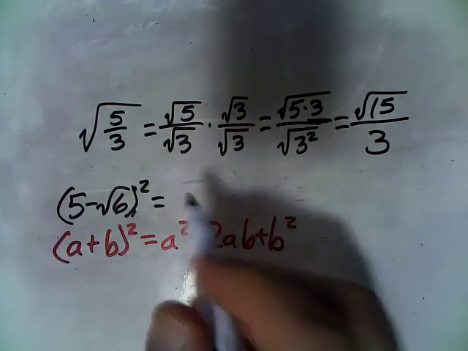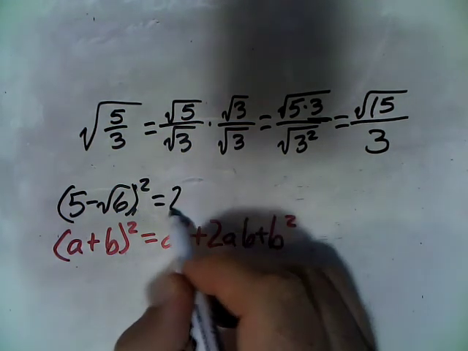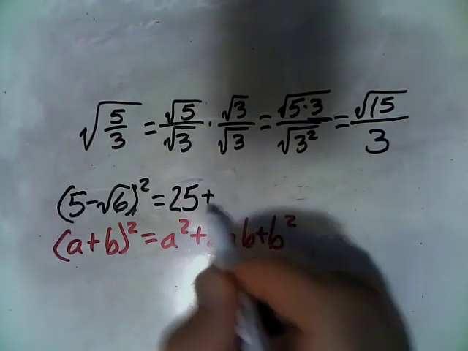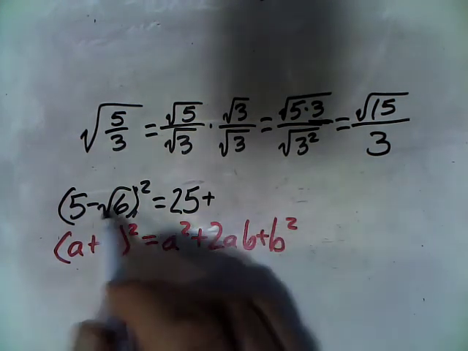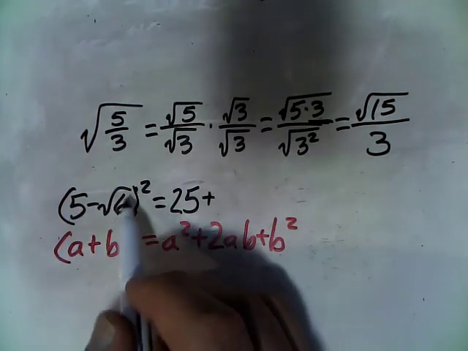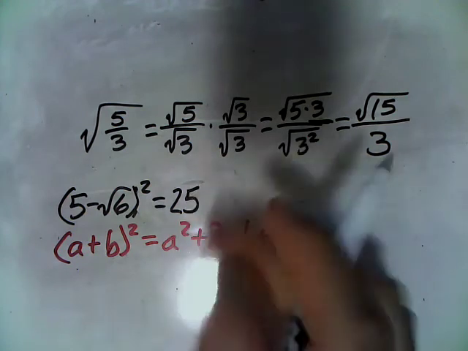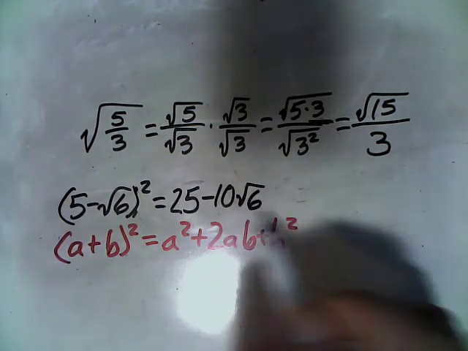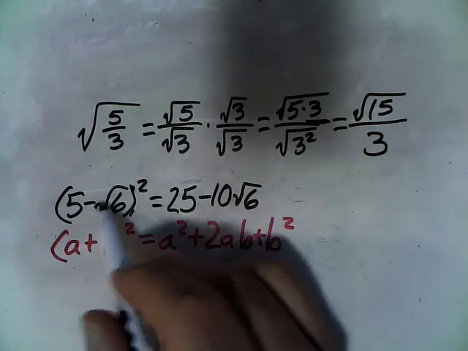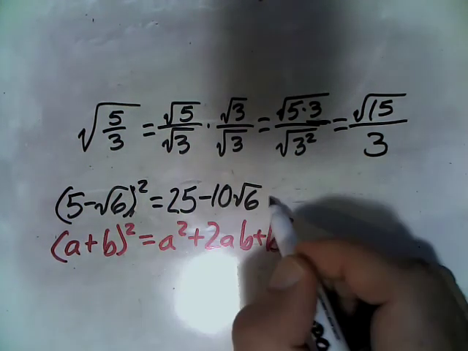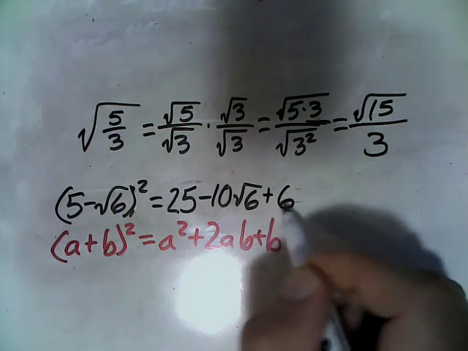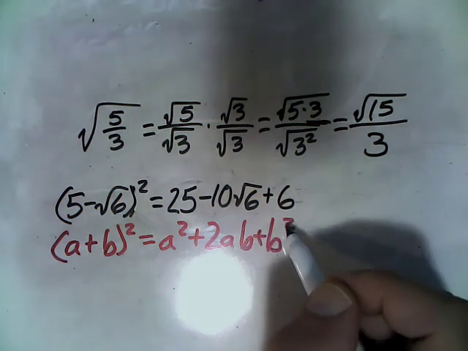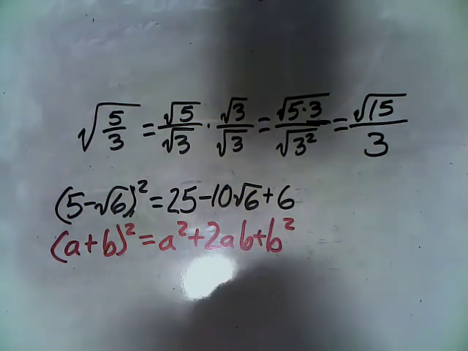So applied to this situation would give me 5 squared, which is 25, plus double the product. So the product would be 5 square roots of 6, doubled would be 10 square roots of 6, and then finally b squared, so that would be a negative square root of 6 squared, which would just be 6. So is this going to be rational? No, because that's square root of 6.